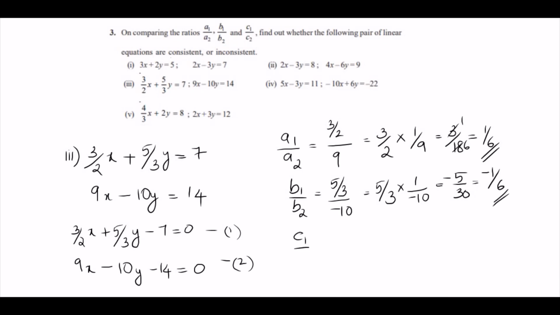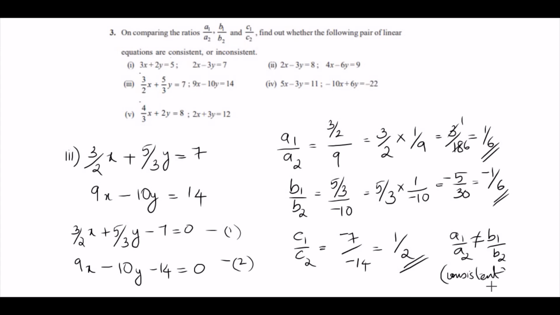And c1 by c2 is minus 7 by minus 14, that is 1 by 2. So here you can write a1 by a2 is not equal to b1 by b2. That means there is one solution. So this pair of linear equations is consistent.